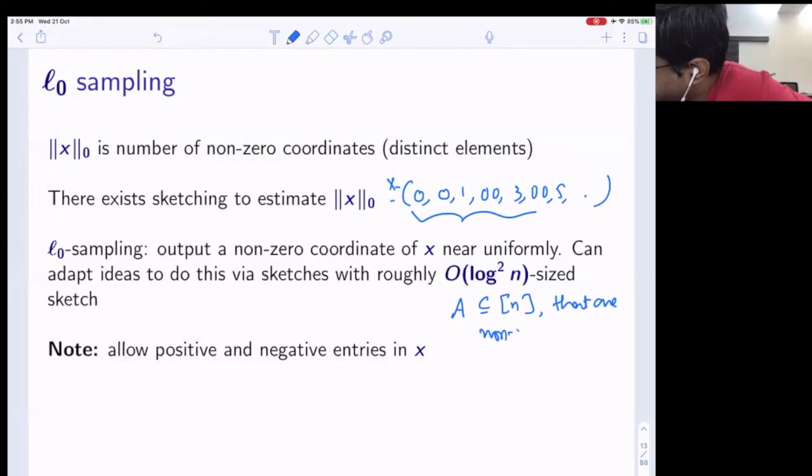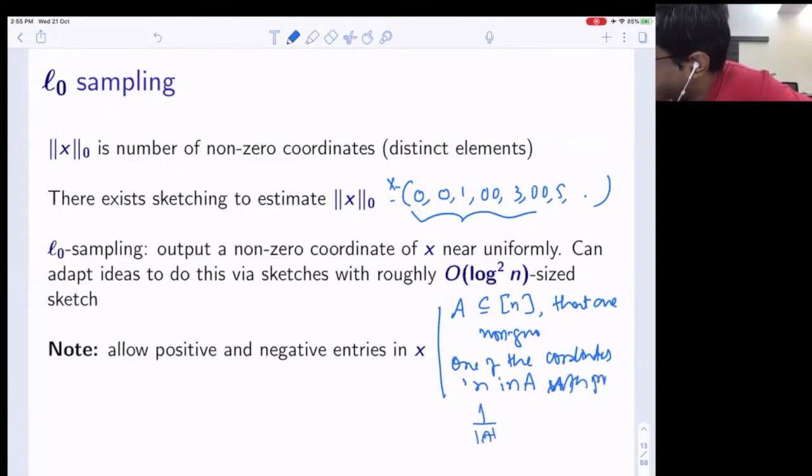What I would like to output is one of the coordinates in A with probability roughly 1 over |A|. Of course, there is some plus or minus delta. This is what I mean by uniformly.